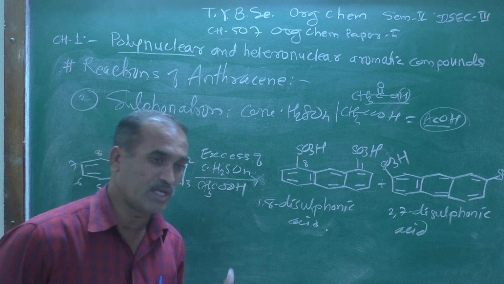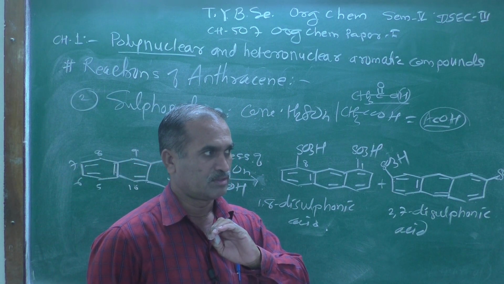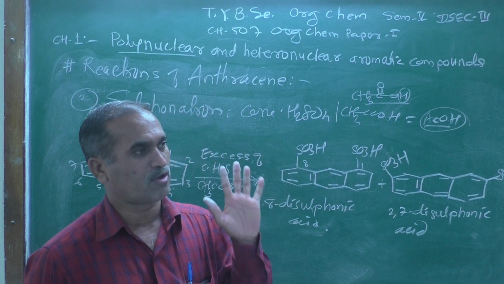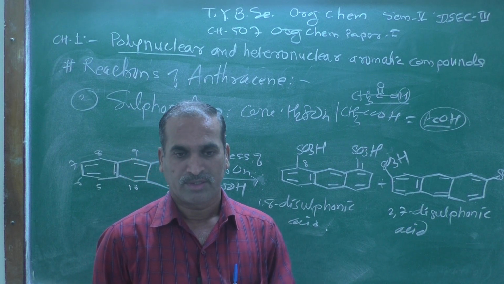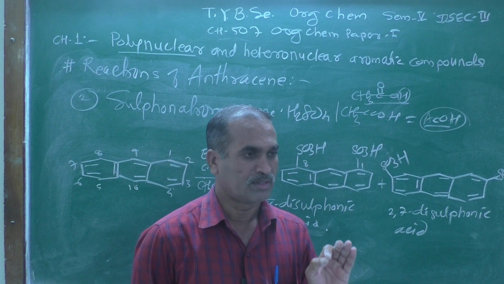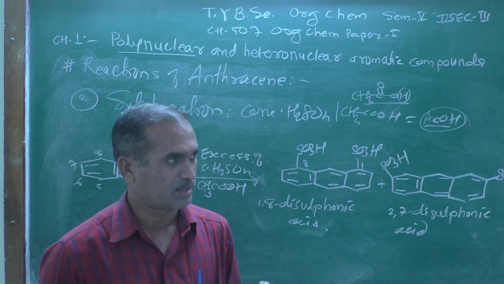So in the previous example we have seen, when we use the same equivalent of starting material and reagent, we are getting a mixture of the products alpha and beta, right?